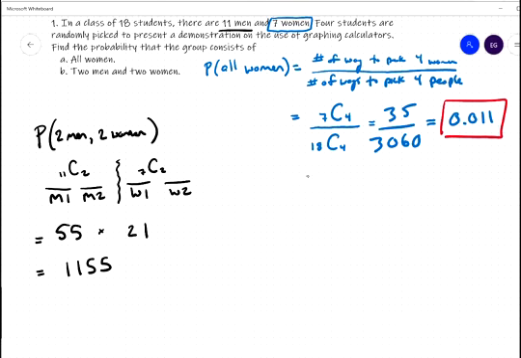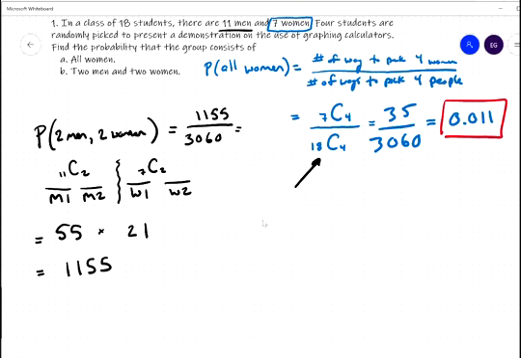Okay, and we already know the total number of ways to pick any 4 people. So the probability of 2 men and 2 women is the number of different ways we could pick 2 men and 2 women, which is 1,155, divided by the total number of ways we could pick any 4 people, which is 3,060.